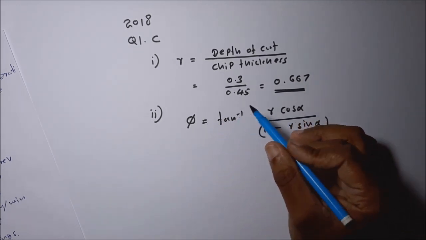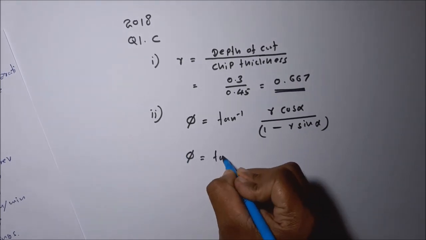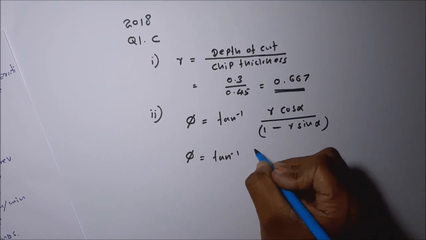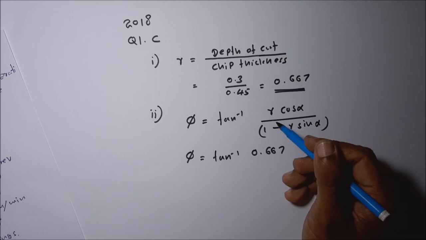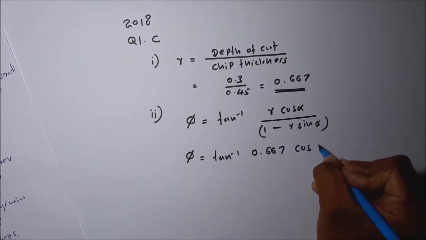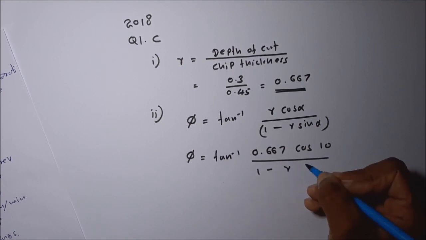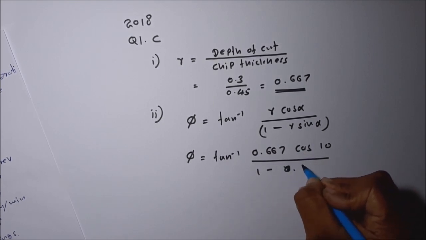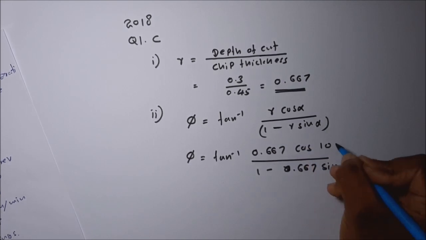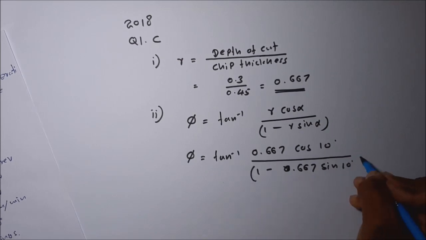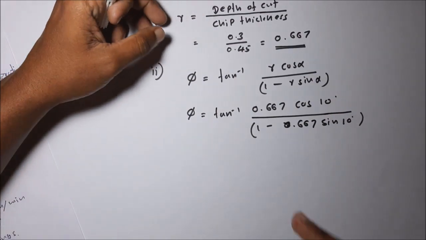Then we get the shear plane angle phi equal to tan inverse of 0.667 cos 10 degrees divided by 1 minus 0.667 sin 10 degrees. Let me calculate the value.